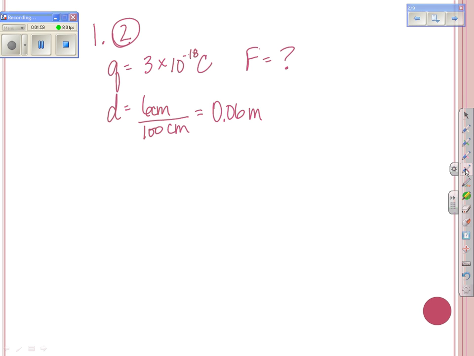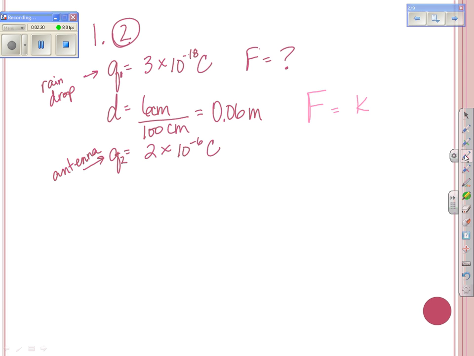And the bulb also has a charge, so we're going to say this is Q1 and Q2, okay, because this is of my raindrop and this is of my antenna, of 2 times 10 to the negative 6 coulombs.